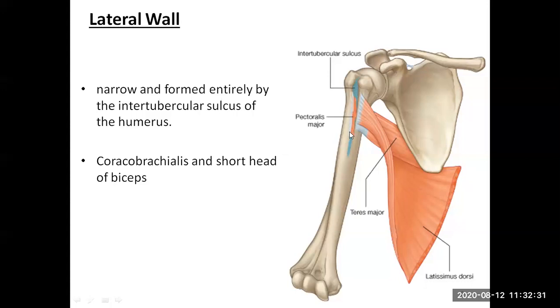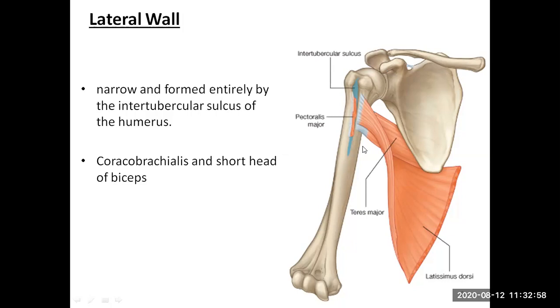There is another, the short head of the biceps brachii, that is arising together with the coracobrachialis from this coracoid process of scapula. From the coracoid process, the two muscles, short head of biceps and coracobrachialis, are arising together. They pass downward and form the lateral wall of the axilla.